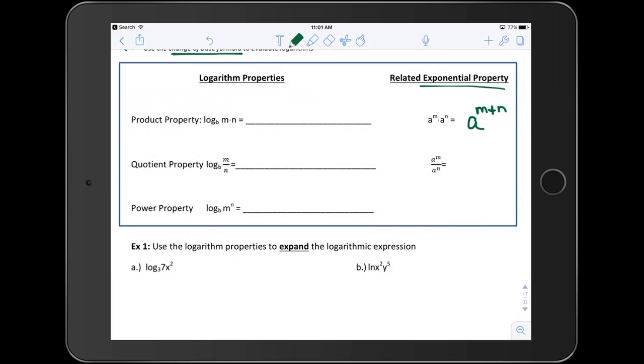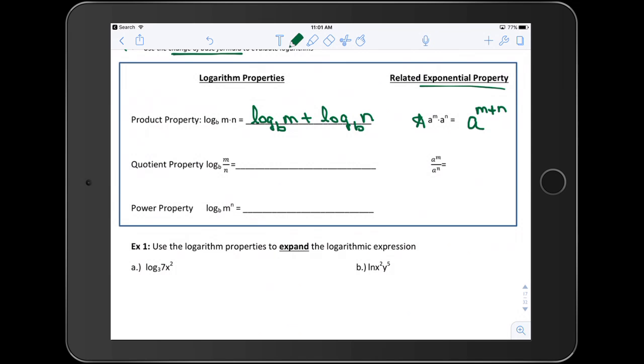So if you notice, log base b of m times n, because of the multiplication, we can separate this into two logarithms: log base b of m plus log base b of n. So there's no magic here. This is completely related to this power property because they are inverses of each other.